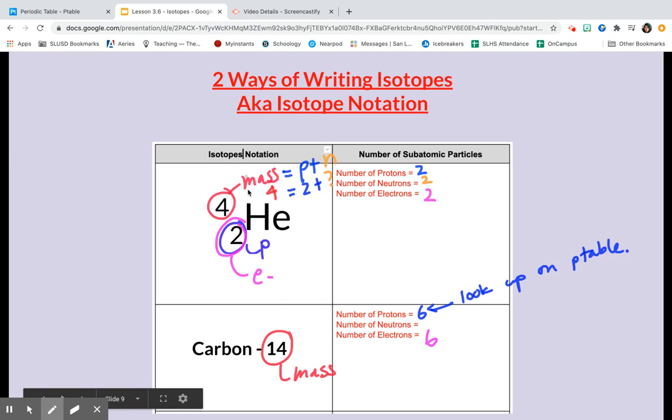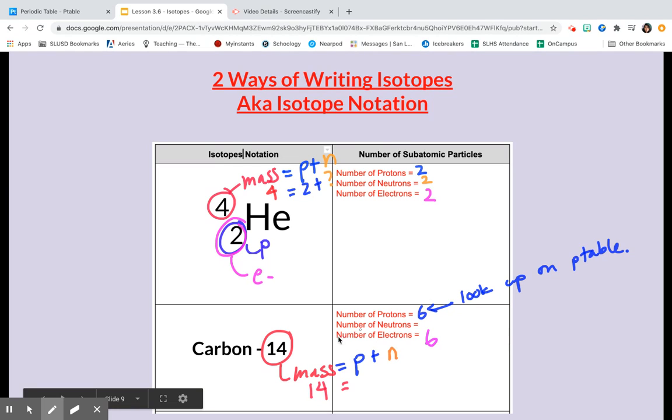Remember, our mass is always made up of the same two things, protons plus neutrons. So let's write out that equation again, mass equals P plus N. Hopefully I'm boring you to death because this is the same thing over and over, in which case feel free to fast forward. Mass is 14. How many protons we got?